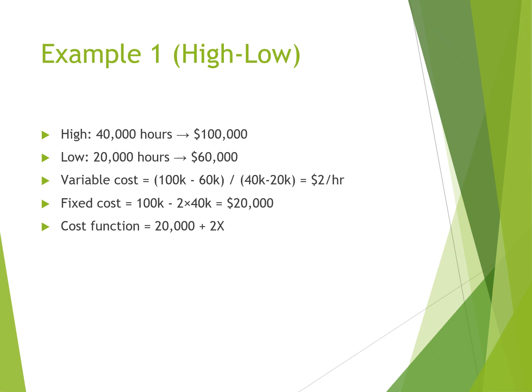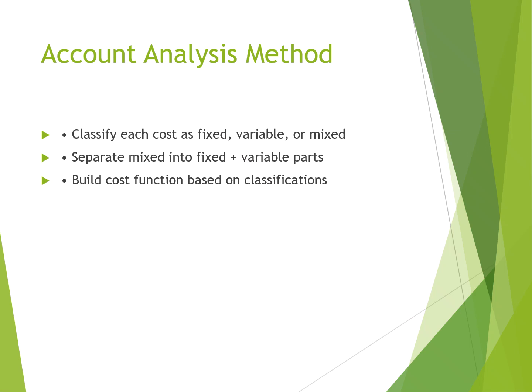Step two, fixed cost, which is 100,000 minus 2 times 40,000, which gives us $20,000. So our cost function is total cost is equal to 20,000 plus 2x. Done, easy.